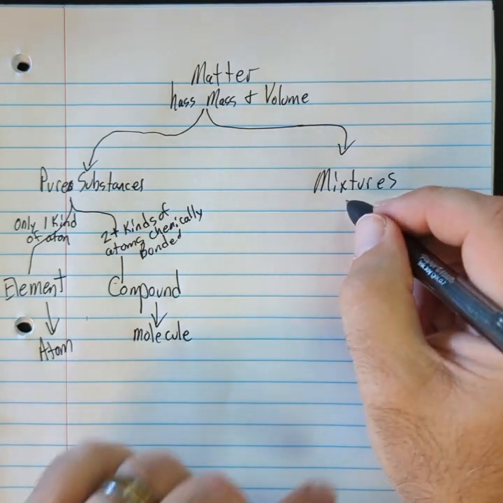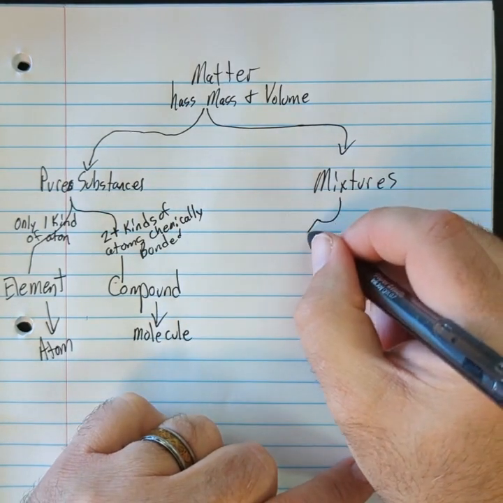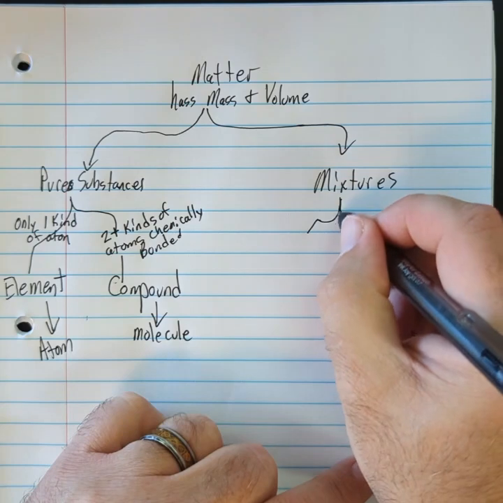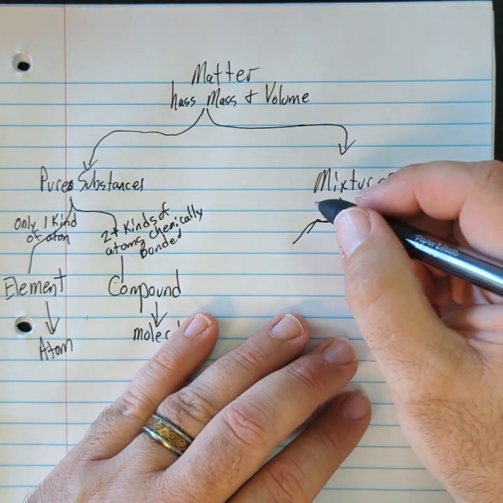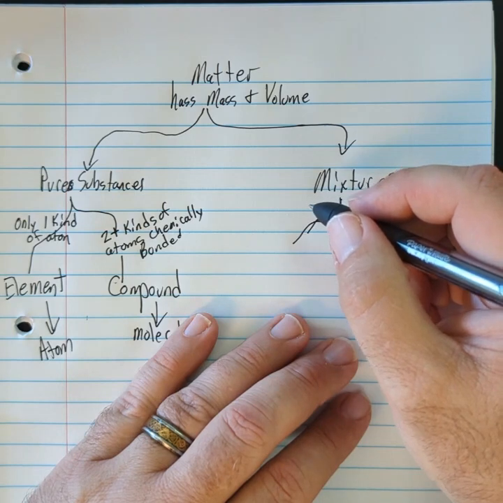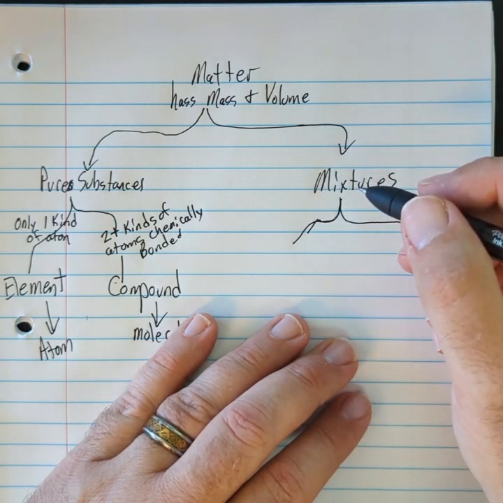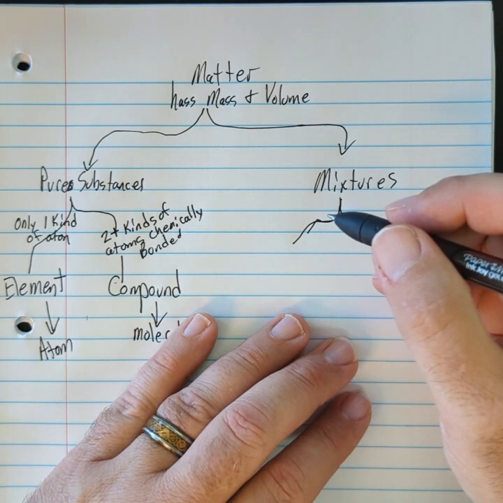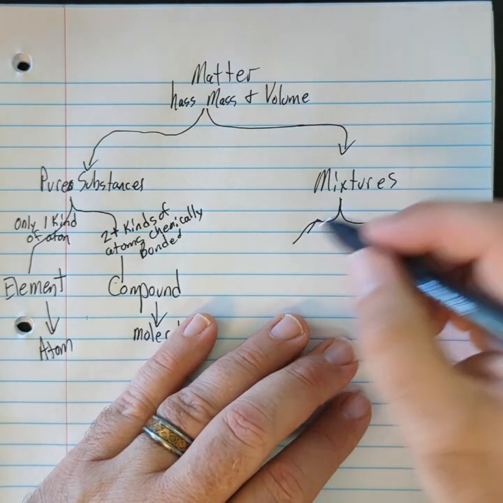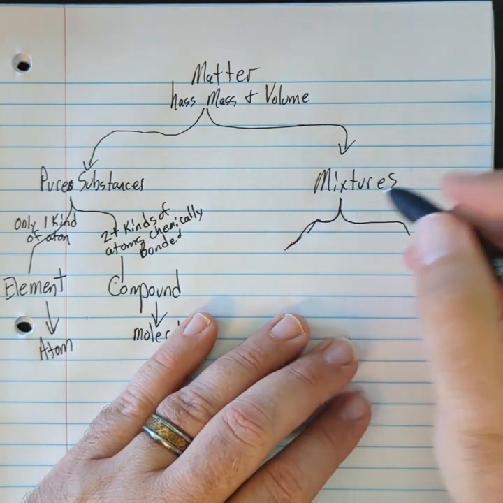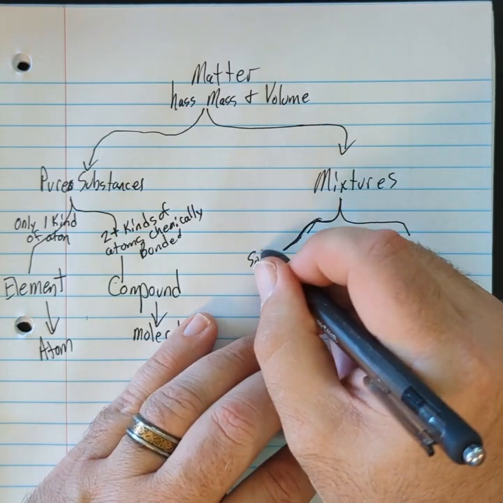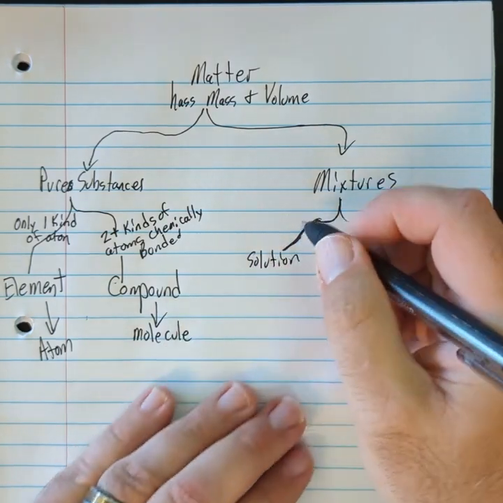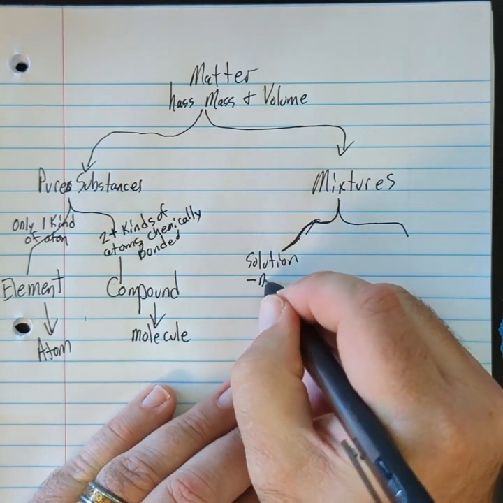Now, for mixtures, we have two kinds, and they're separated based on whether or not they scatter light or settle. So a solution never settles or separates.